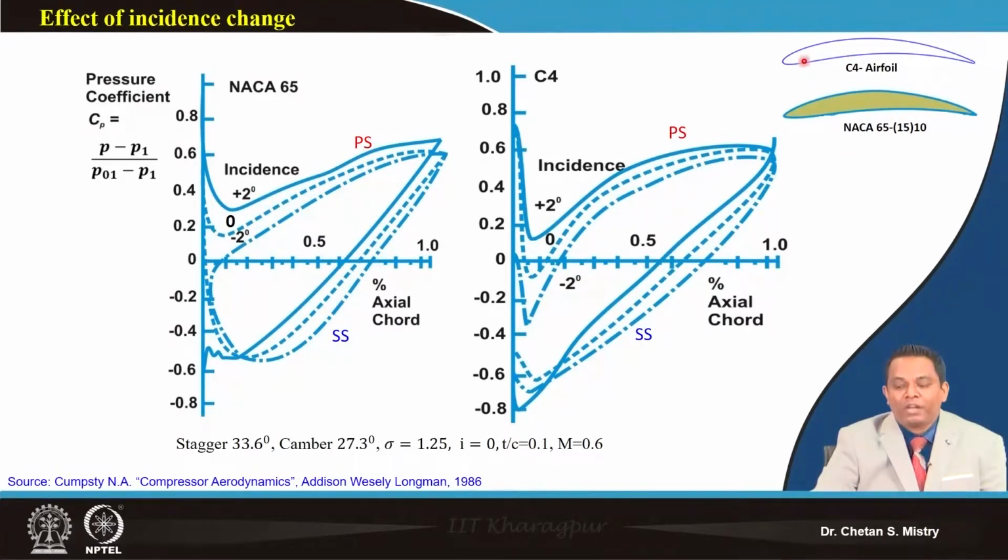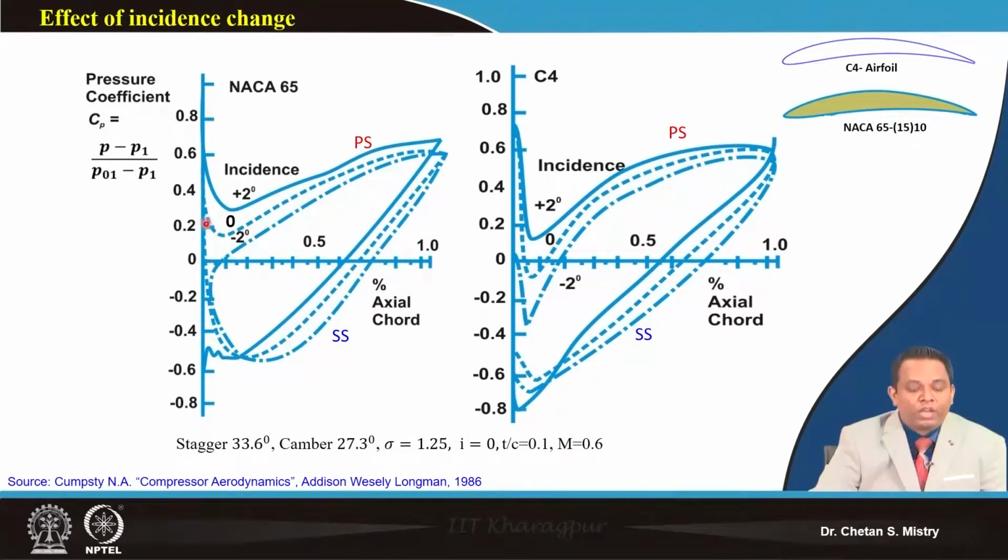If you compare the leading edge, for the C4 aerofoil the leading edge has a larger radius, while for NACA 65 the radius of the leading edge is smaller. This shape of the leading edge has a great impact on my CP distribution. So let's consider the NACA 65 aerofoil first.